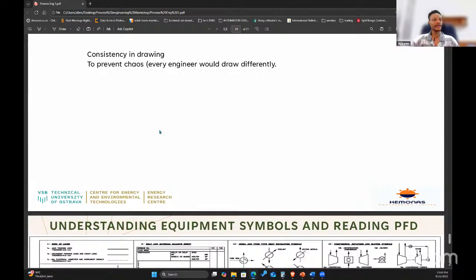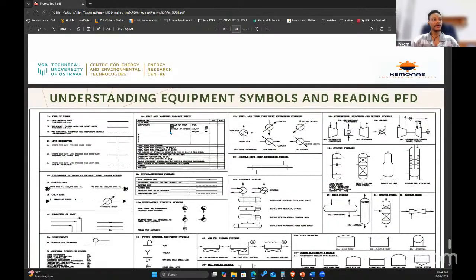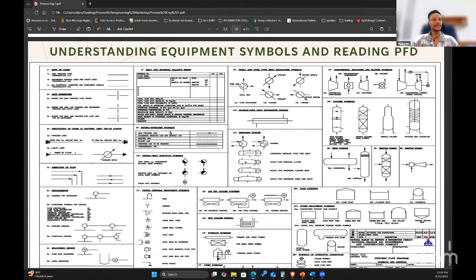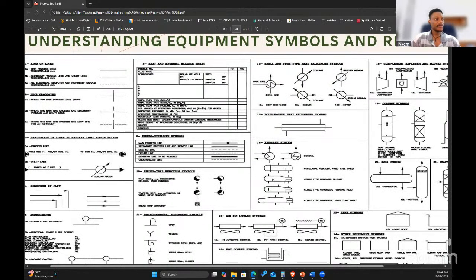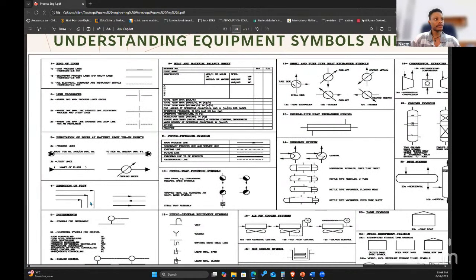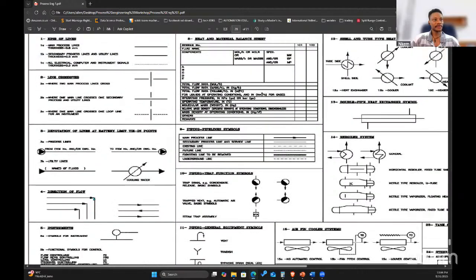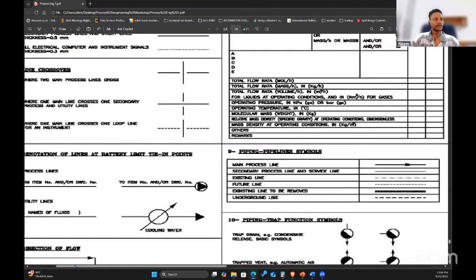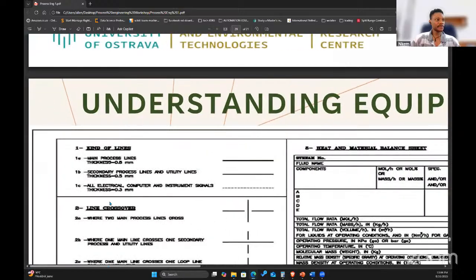Okay. All right, so now let's go into understanding the equipment symbols and reading the PFD. I have to zoom it out a bit and start from the top left. So I hope you can see this properly.